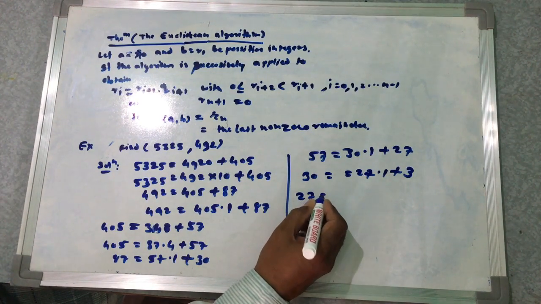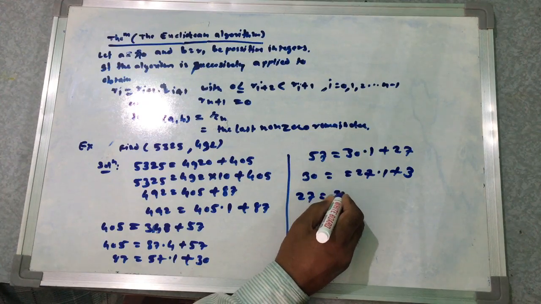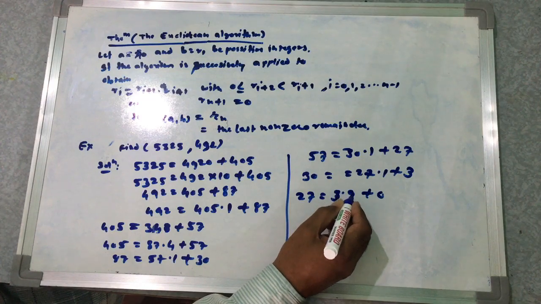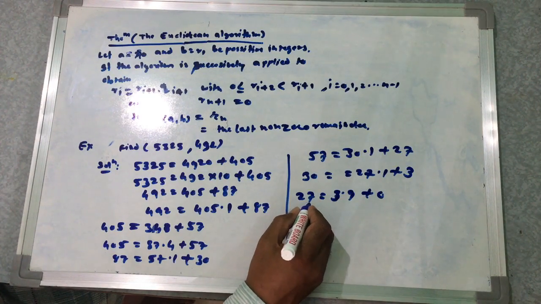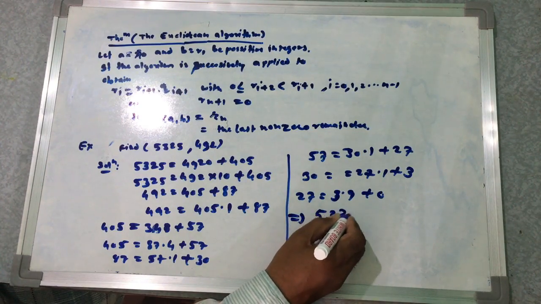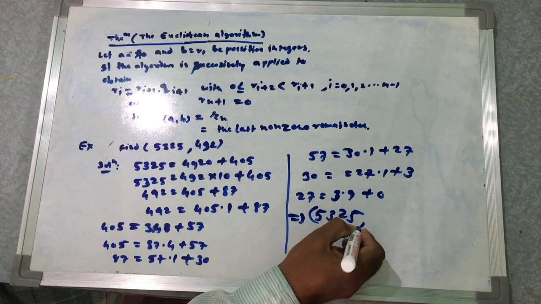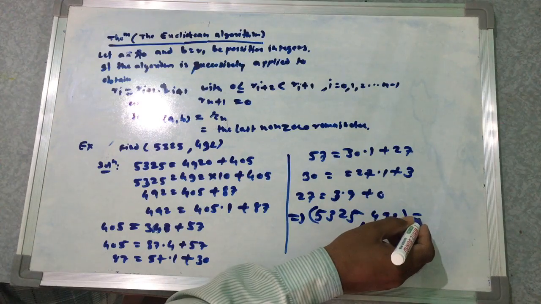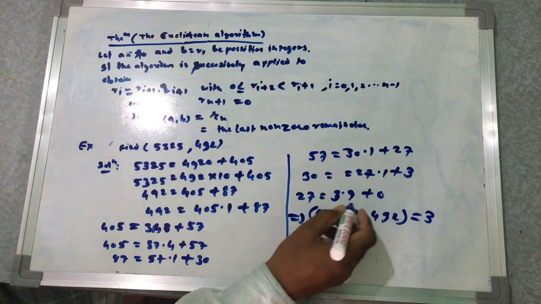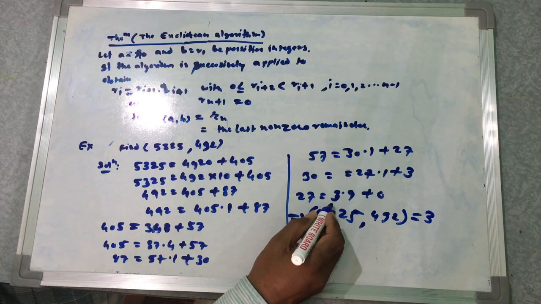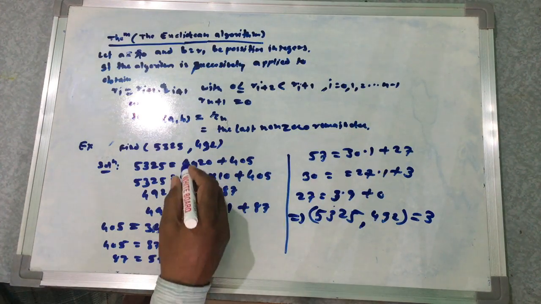Then 27 is equal to 3 into 9 plus 0. Here we have the GCD of 5325 and 492 is 3. So how does it come? In this manner we have to solve this.